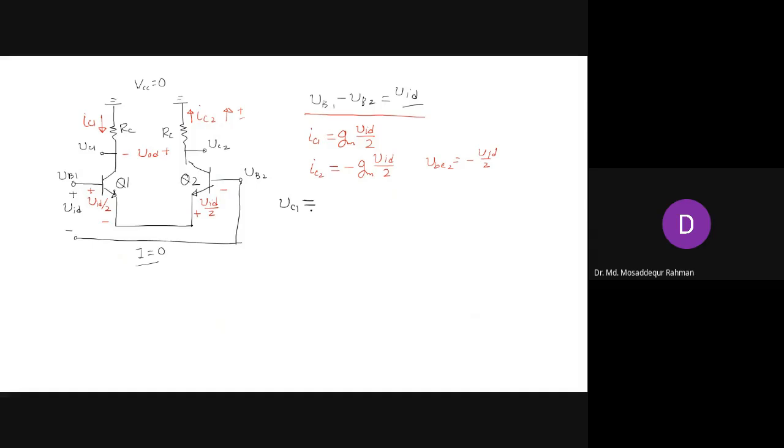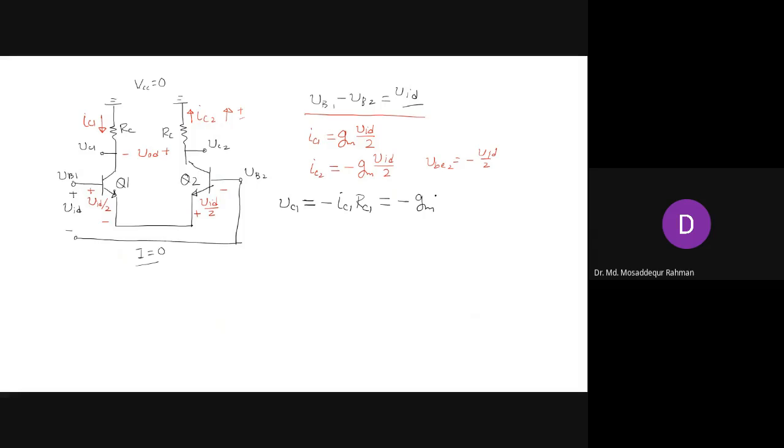Come on, it's very simple, right? I mean, you just need to find the voltage. That's complicated? IC1 RC, but with a minus sign. The current is going upward. It will be minus IC1 RC, and then IC1 is GM VID by 2.